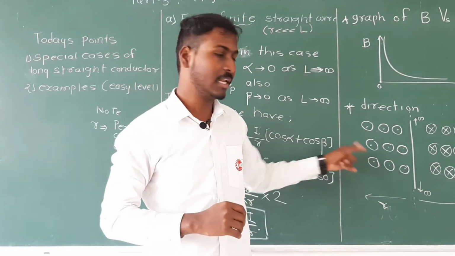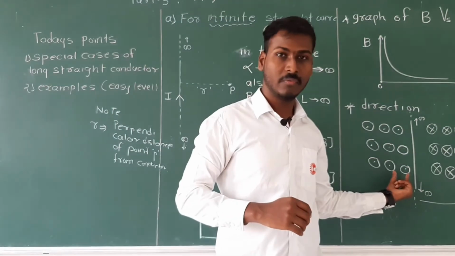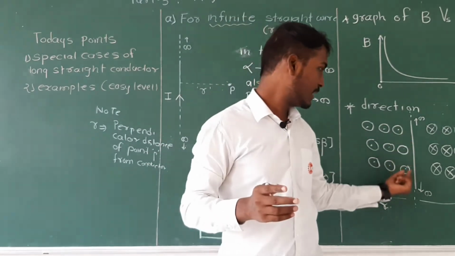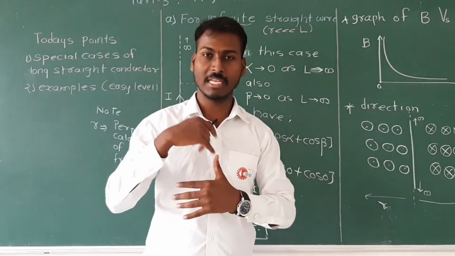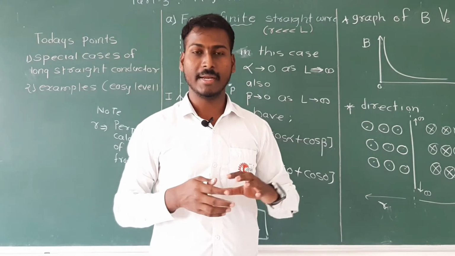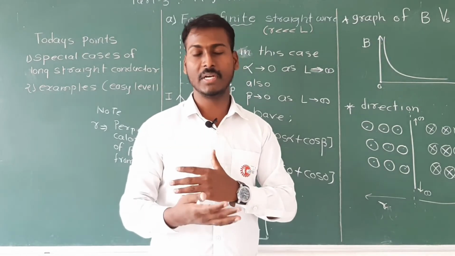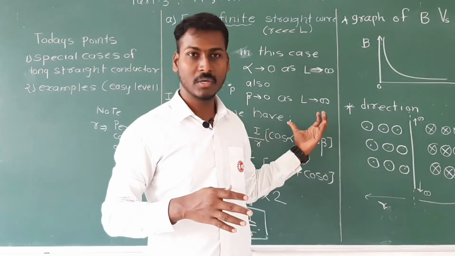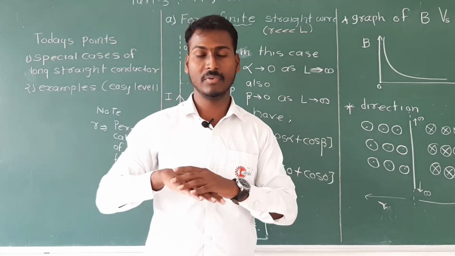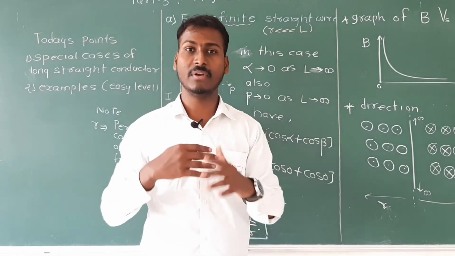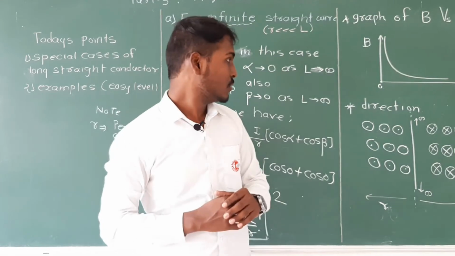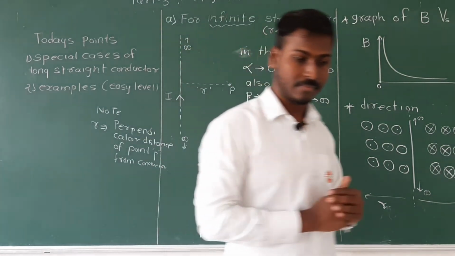Similarly for this side, whenever we are observing near about that conductor, magnetic field lines will be very strong and crowded, and definitely magnetic field will be also great. And when we go away from that conductor, magnetic field will decrease, as magnetic field lines will decrease. So just note it down.